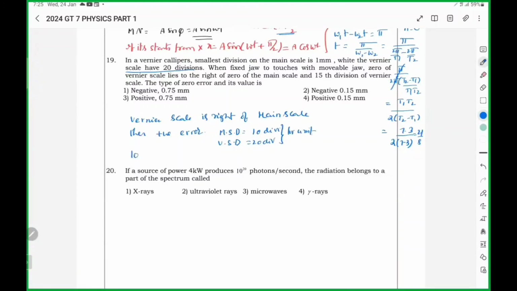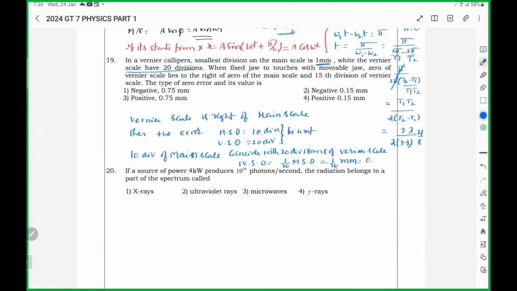So what they mean to say is 10 divisions of the main scale coincide with 20 divisions of the vernier scale. One vernier scale division is 1 by 20th times the main scale division. So the smallest division he has given is 1 mm.